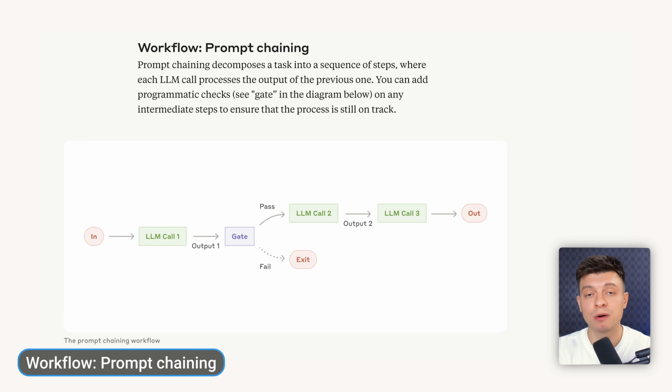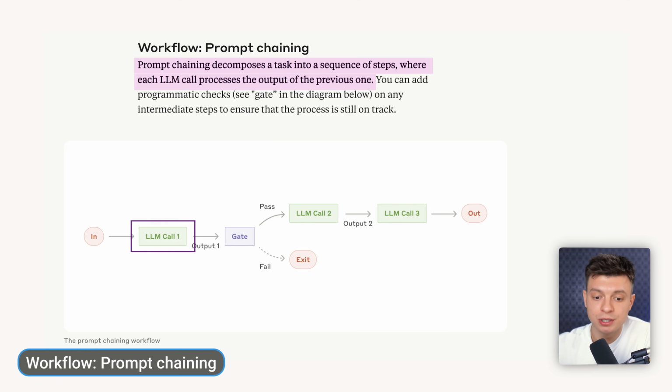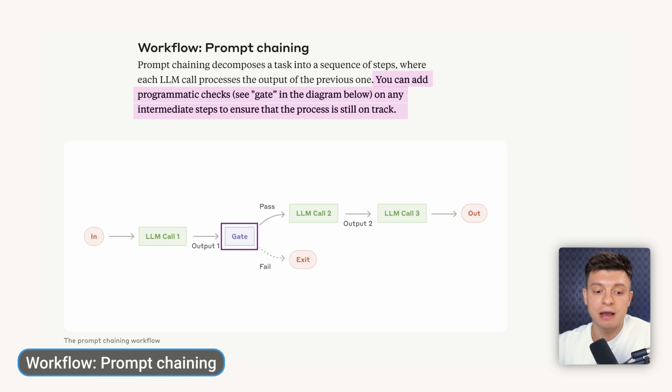Now, one of the simplest workflow patterns is the prompt chaining workflow. Prompt chaining breaks down a task into a sequence of steps where each LLM call processes the output of the previous one. This lets you break a complex goal into smaller, easier steps, which usually leads to better results at each stage. You can also add checkpoints or gates along the way to make sure everything looks good before moving forward.